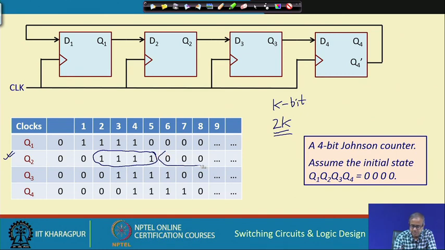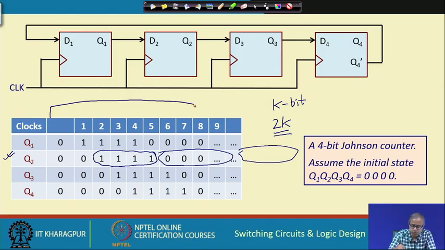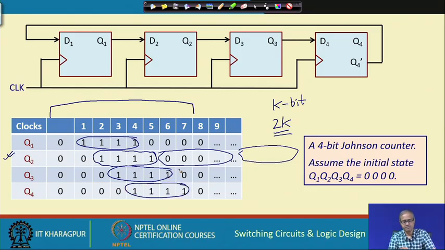The zeros will be consecutive, again there will be ones, again zeros. So, the blocks of ones and zeros are all consecutive. In a cycle, starting from here up to 7, there are 4 ones, and they are all consecutive. This is the property of a Johnson counter.